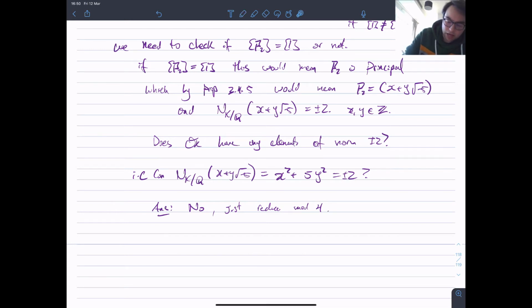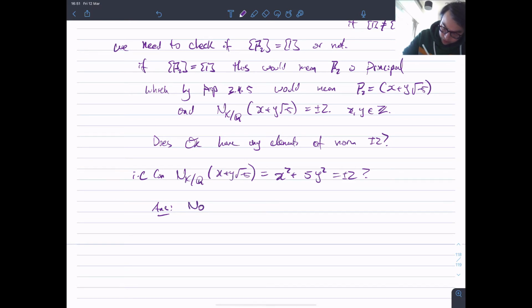X and y are integers, so just reduce this thing mod 4, and you figure out that you can't have the sum of two squares being 2 mod 4, or minus 2 mod 4, or maybe it's just reduce mod 2. Maybe it's not reduce mod 4. All right, I'm going to let you think about why this is the case.